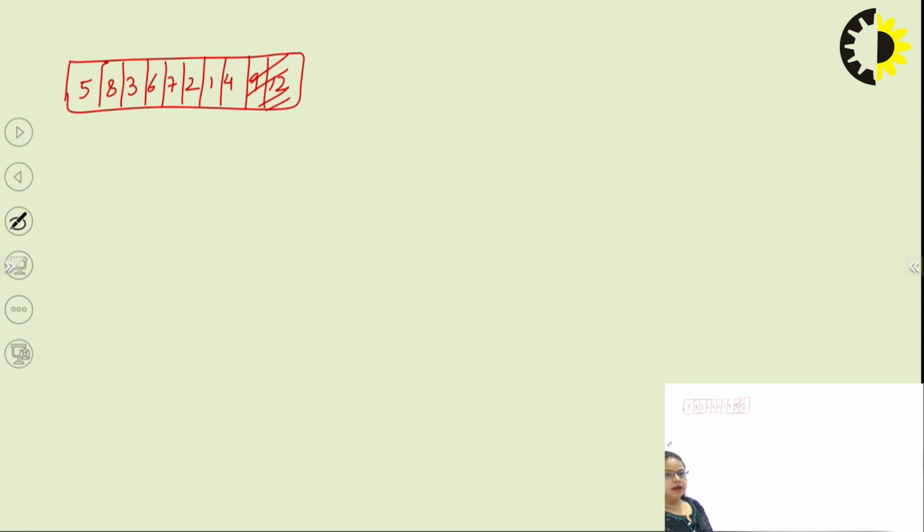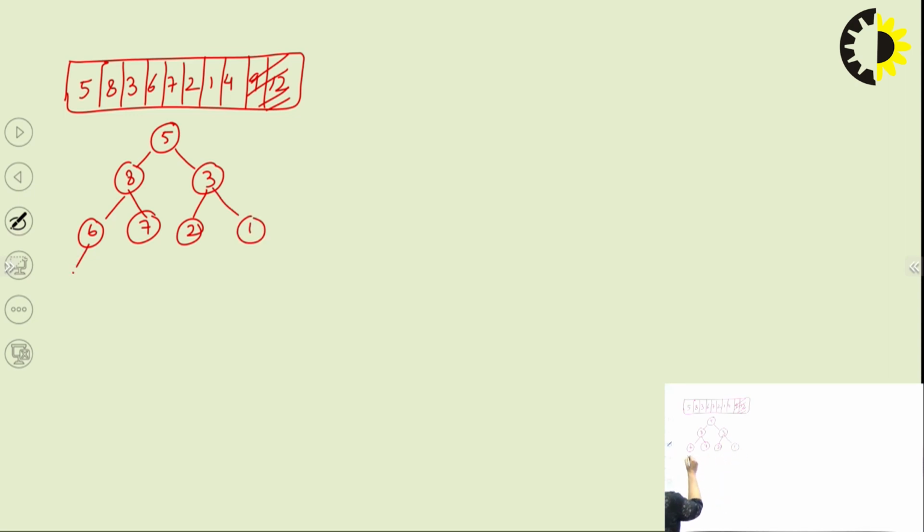Fine. Now what we have to do? Again we have to build a heap. 5, 8, 3, 6, 7, 2, 1 and finally we are reaching to 4. Now please check the point carefully. Into this form, what happens?